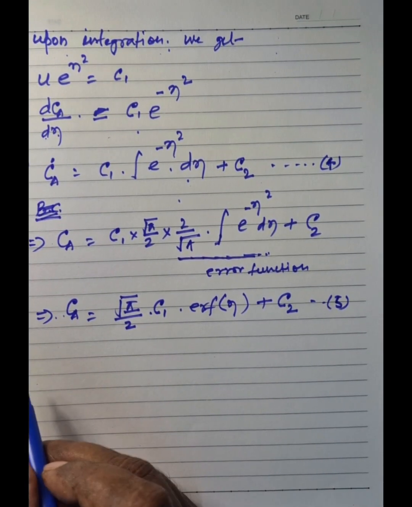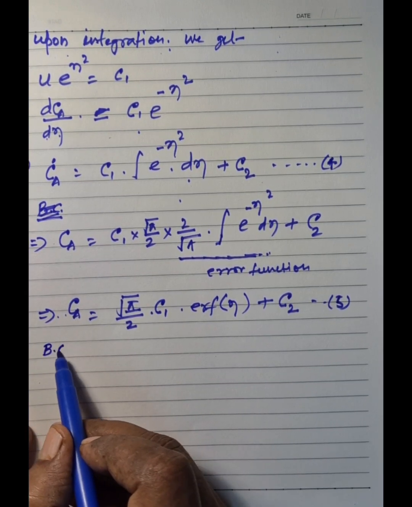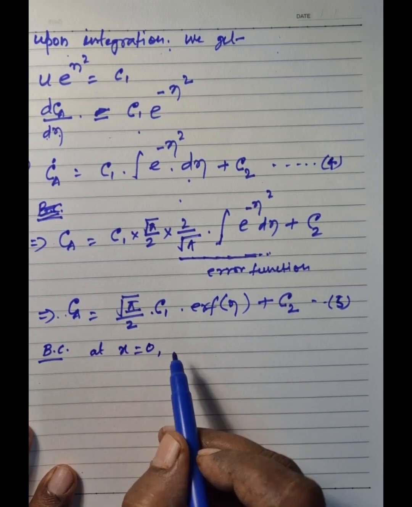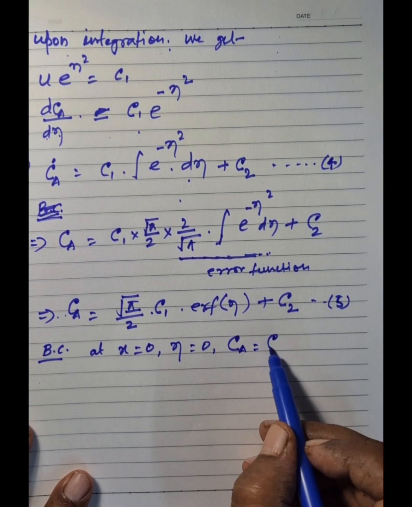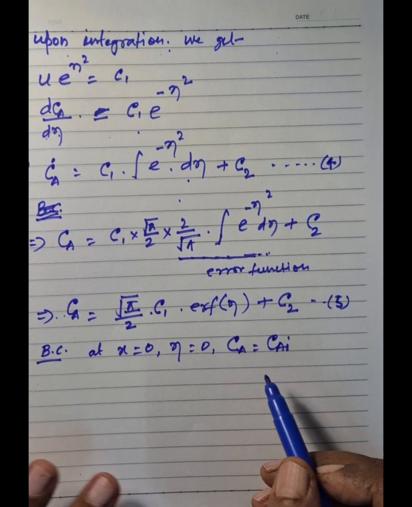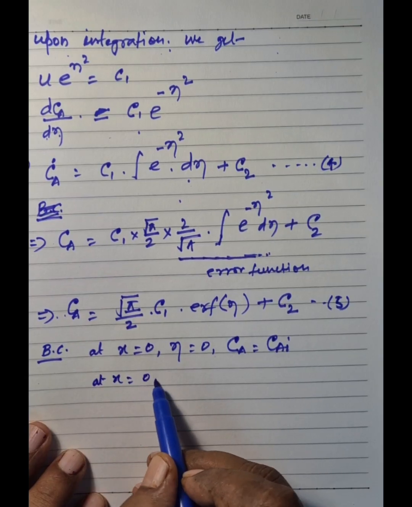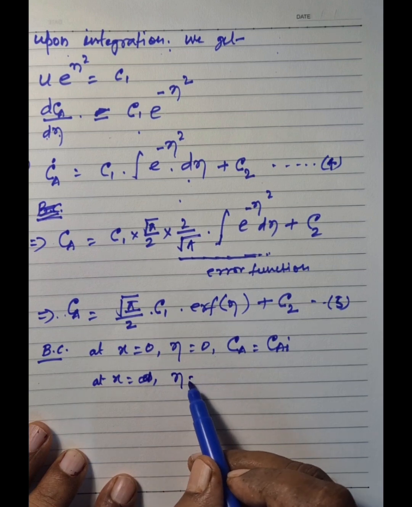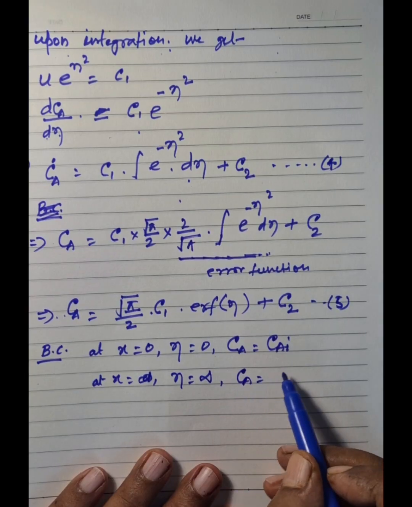Now we again look at the boundary conditions, which say that at x equal to 0, eta also becomes 0, and CA is equal to CAI, and at x equal to infinity, eta also becomes infinity, and then CA is equal to CAB.